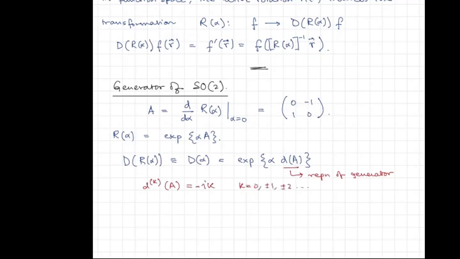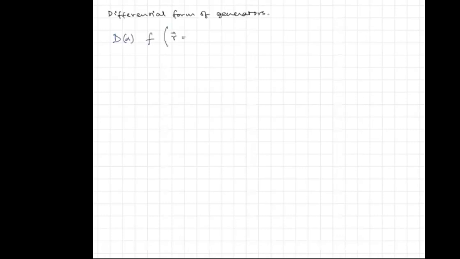Now, the thing that I wanted to go back and clarify for you was the differential form of the generators. I think this was a little fast. The idea is that d of alpha of f, where f is a function of r equal to xy, is going to be given by f of R alpha inverse of xy.